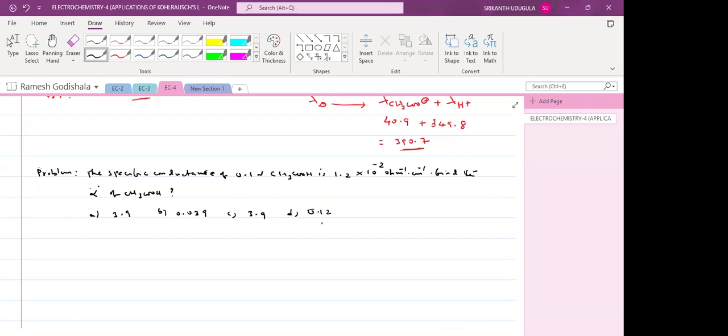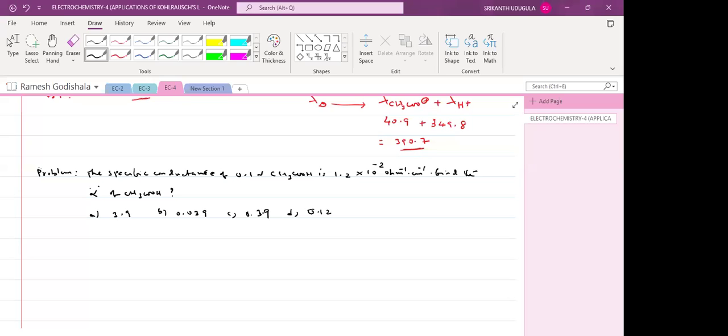The specific conductance of 0.1 N acetic acid is 1.2 into 10 power minus 2 ohm inverse per centimeter. Find the alpha of acetic acid.